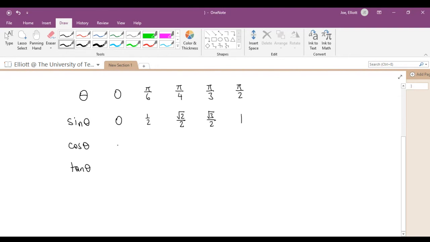For cosine, cosine is kind of just the reverse of sine. So it starts at 1, and then it goes backwards down to 0 at the end. Finally, for tangent, if you just know sine and cosine, then in theory you could always figure out tangent by using the fact that it's sine over cosine, okay?